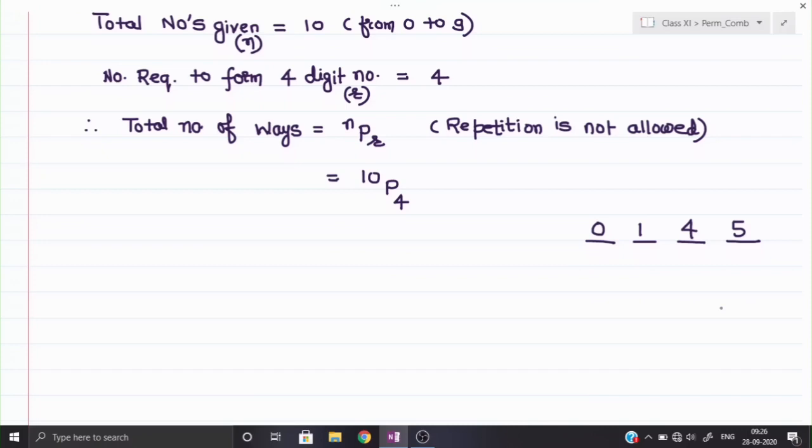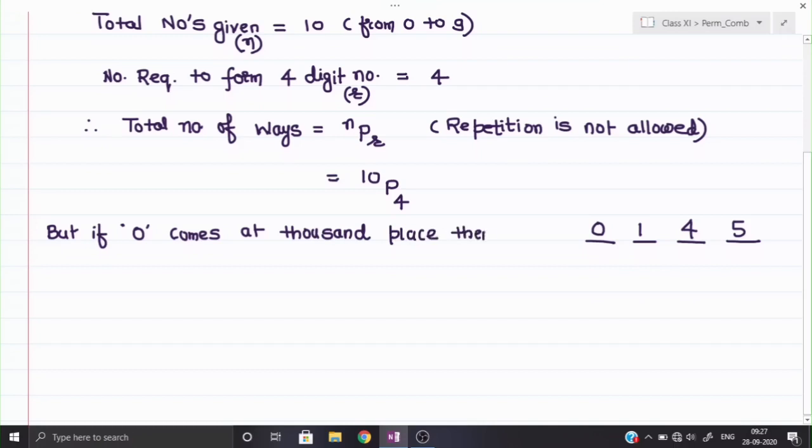Now we shall find out such numbers where the 0 is coming at the first place, so that we will mention here. We will write down: if 0 comes at the 1000th place, then it would be a 3-digit number.